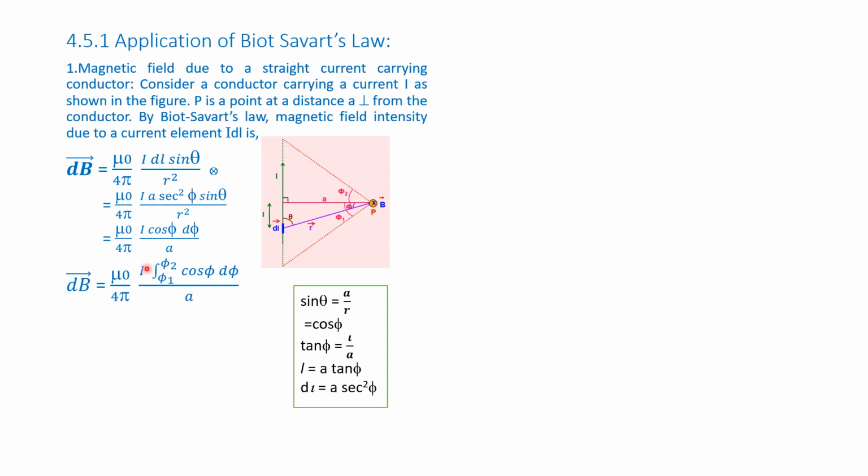So that equation becomes dB is equal to mu naught over 4 pi I, because it is a current and a scalar product we are taking out, and integrating cos phi d phi. Cos phi is varying from this side to up to side.